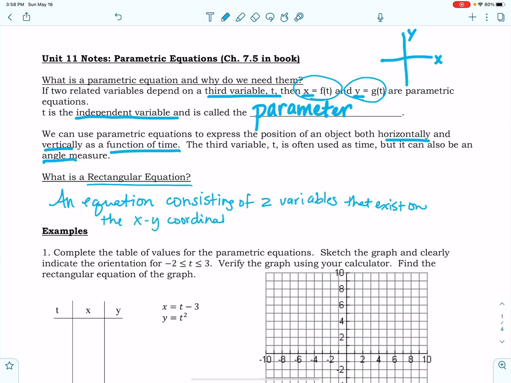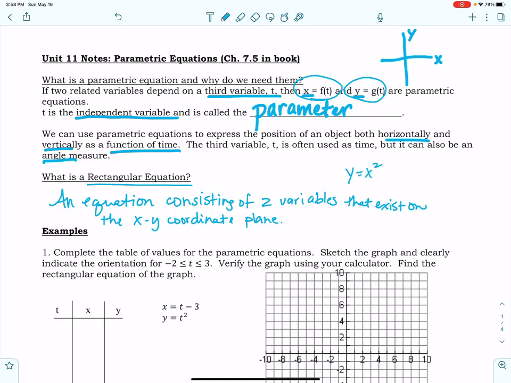So it's basically all of the equations we've been dealing with, all of our functions, all of our graphing equations, etc. For example, if I was talking about the rectangular equation of a parabola, the parent would be y equals x squared.